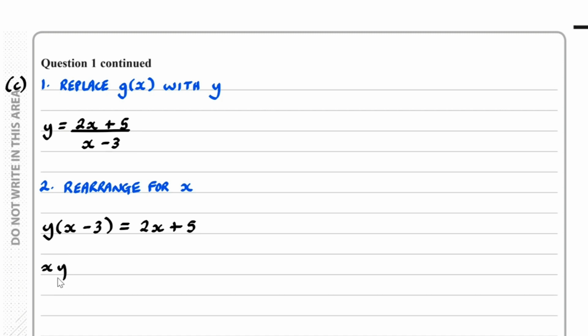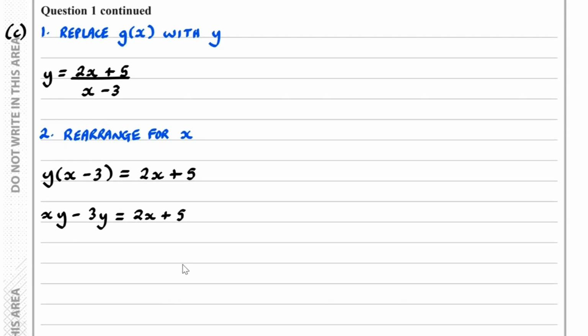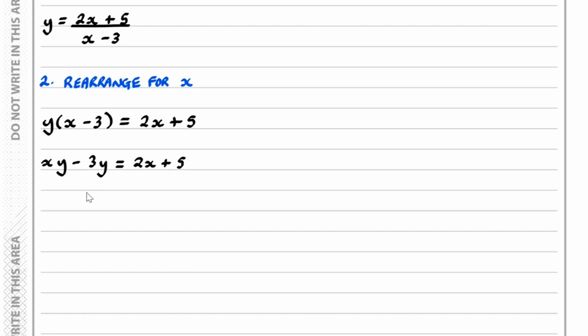So I've got xy subtract 3y equals 2x plus 5. If I gather everything with an x on one side, everything that's not an x on the other side, we have xy subtract 2x equals 3y plus 5.